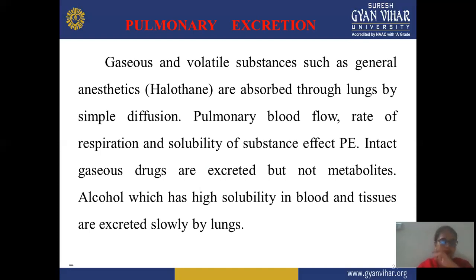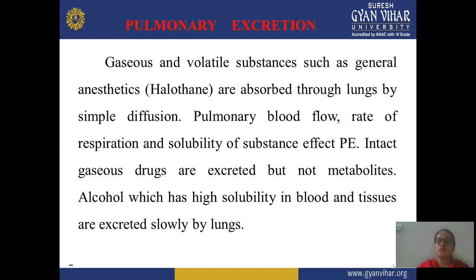Intact gaseous drugs are excreted but not metabolites. Completely the drugs are excreted out, but not metabolites, or they do not metabolize. And alcohol, which has high solubility in blood tissue, is excreted slowly by the lungs.